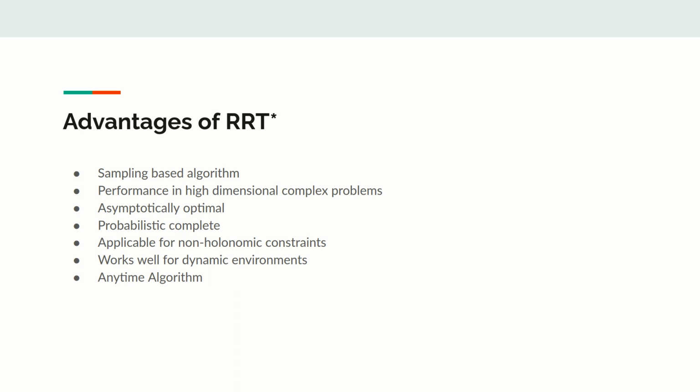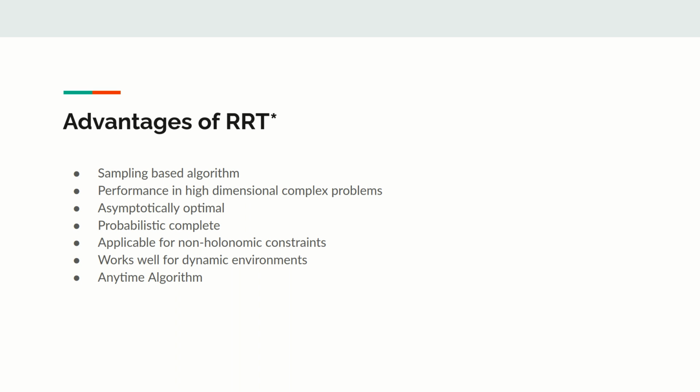RRT star has a lot of advantages over other path planning algorithms. RRT star is a sampling based algorithm. They perform very well in high dimensional problems. RRT star is asymptotically optimal, meaning they can find an optimal solution at time equal to infinity.